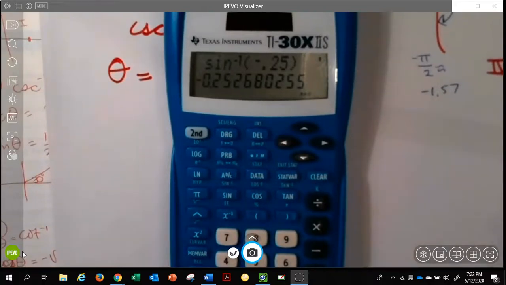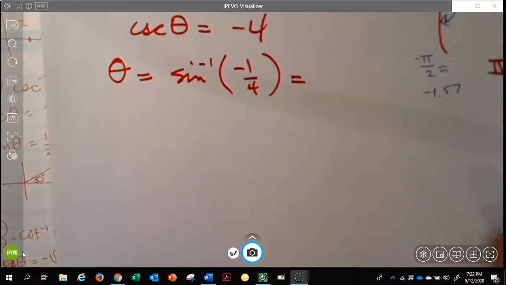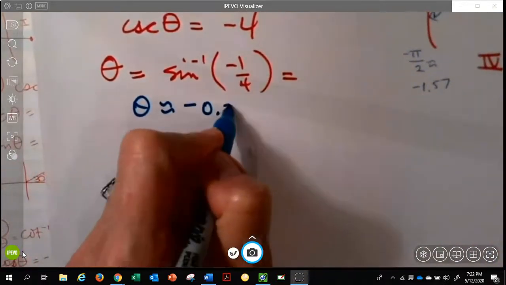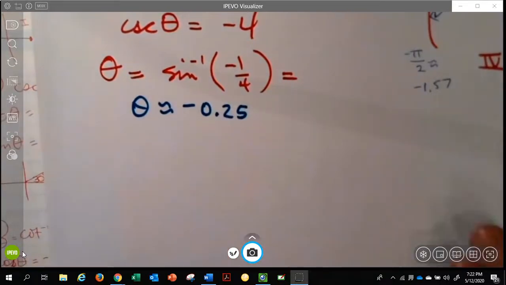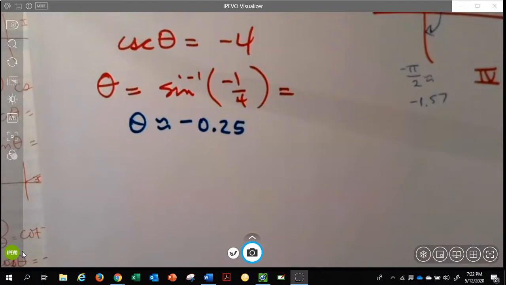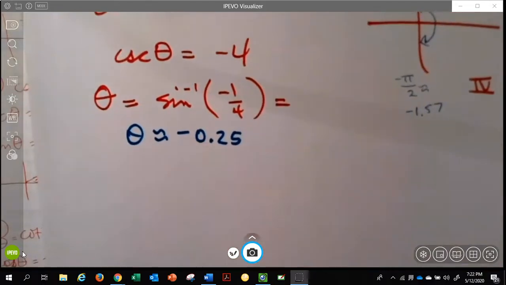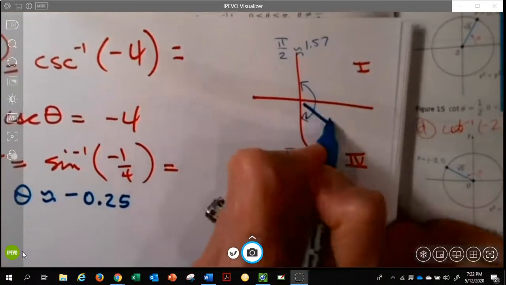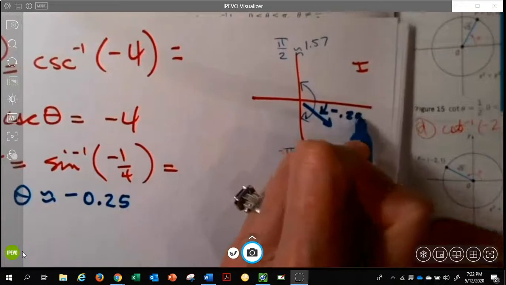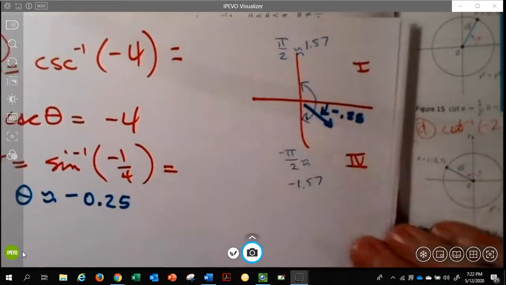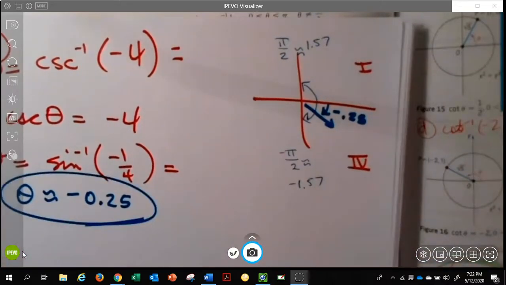It said to 2 decimal places, so I'm going to jot down that my angle is about -0.25. But I am not turning this in as my answer until I do a quick verification. -0.25 would be about right here, and it's a winner. It is between my 1.57 and my -1.57, so I'll circle that one and keep going.